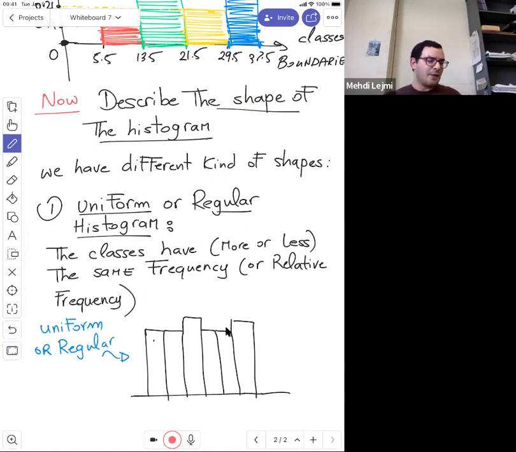If you have this shape where the classes have more or less the same height, which is the same frequency, then such a histogram is called uniform, or regular. It's just a definition. So that's the first possible shape for your histogram.